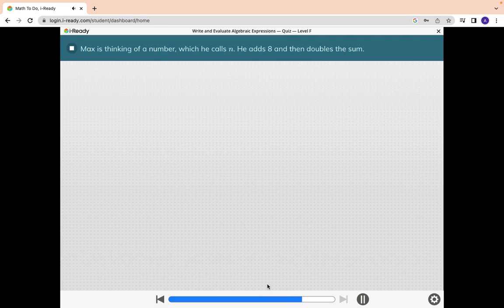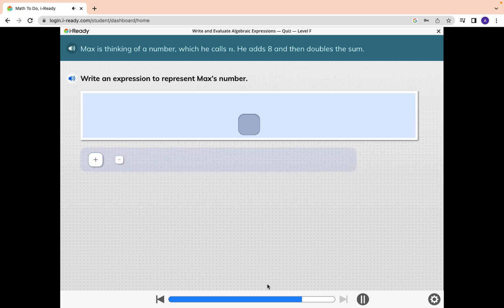Max is thinking of a number, which he calls n. He adds 8 and then doubles the sum. Write an expression to represent Max's number. So we need to figure out Max's number, which he calls n.